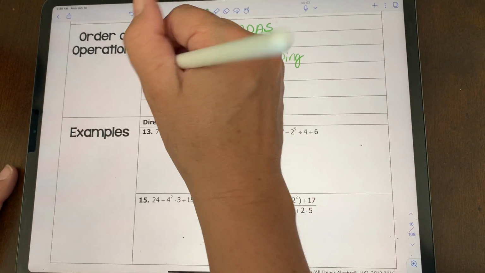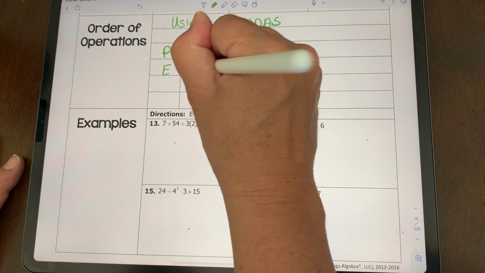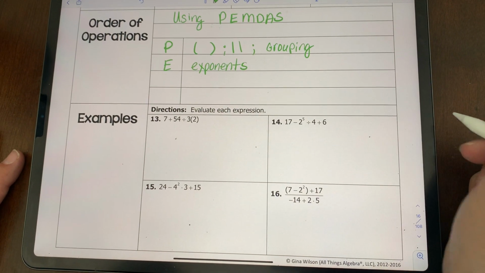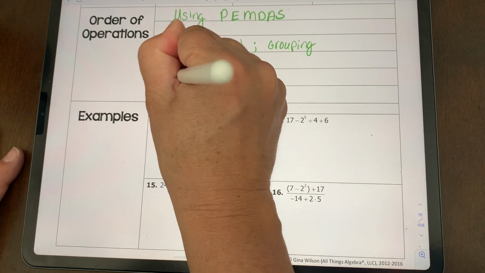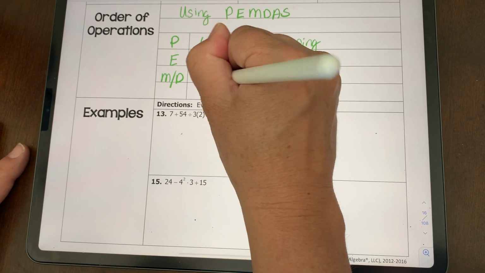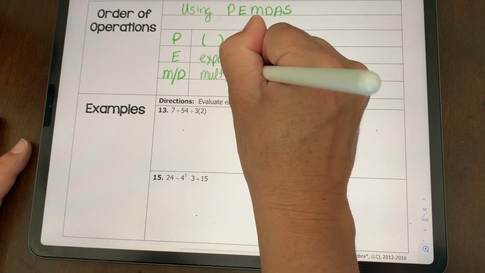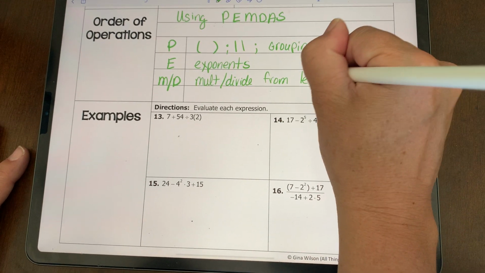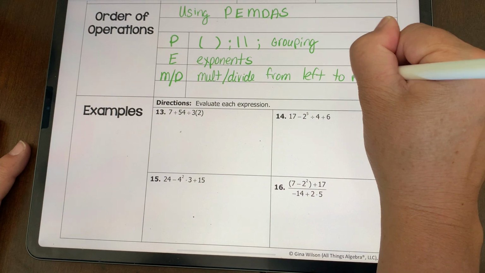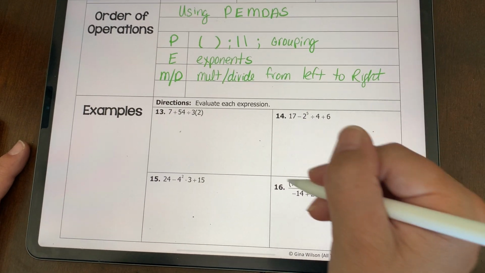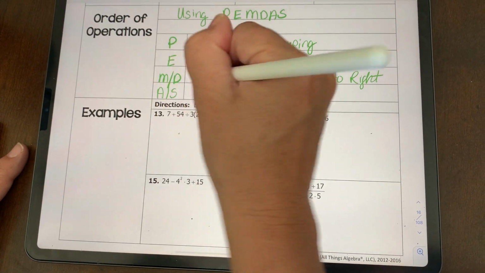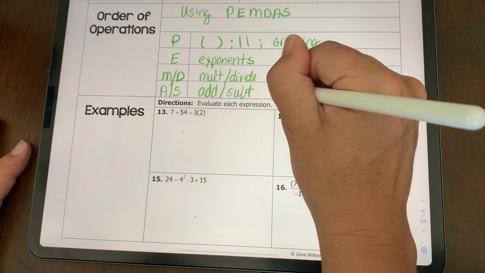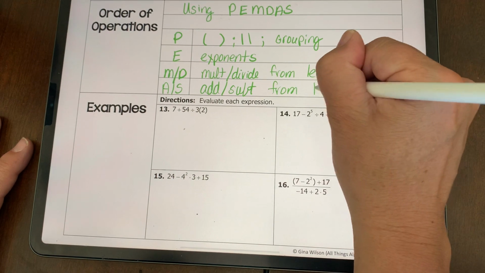The next thing you do is exponents. Okay. Then I like to write multiplying and dividing together because you do them from left to right, like you're reading a book. And then you're going to look at adding and subtracting, same thing. Adding and subtracting from left to right.